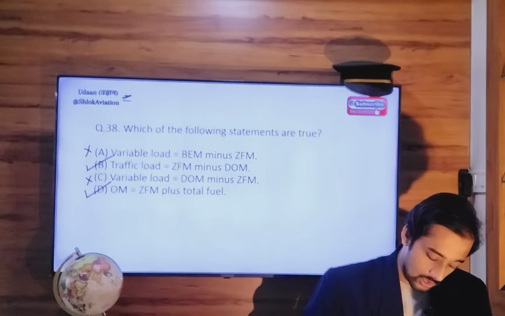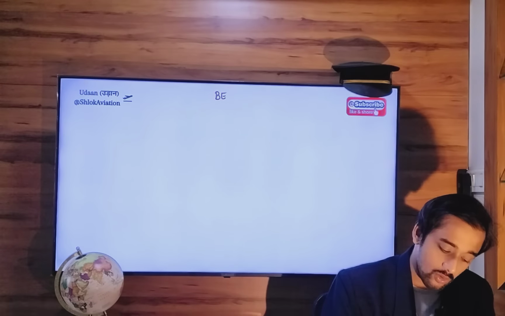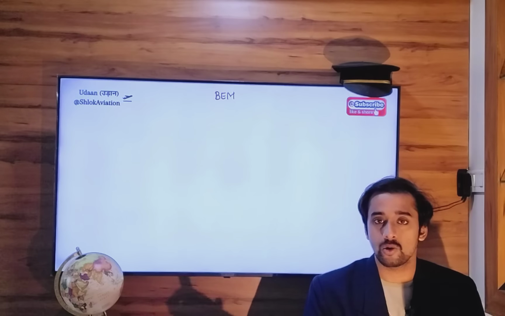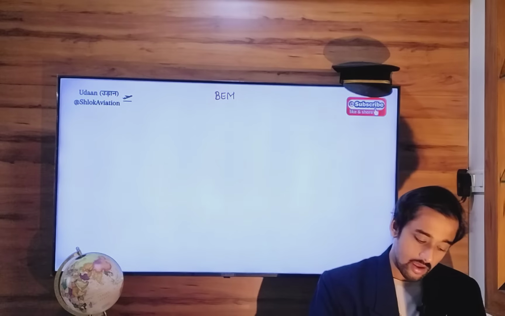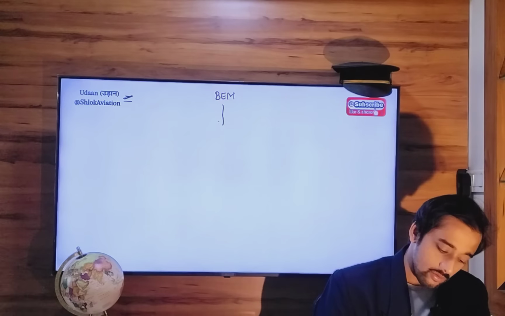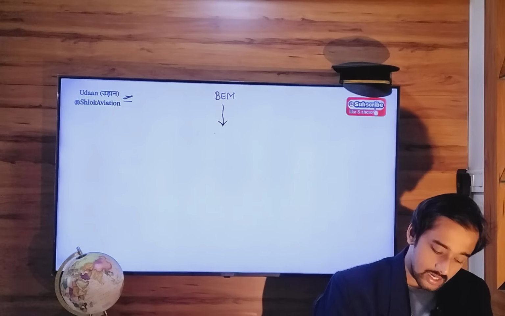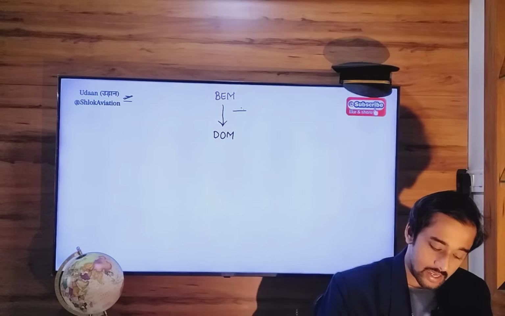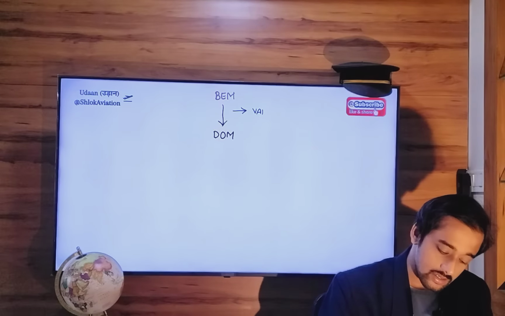Okay, so I'll draw the flow chart again. You start with basic empty mass, the most basic weight of your aircraft: standard equipment, unusable fuel, oils, etc. When you add variable loads to that, you get dry operating mass.